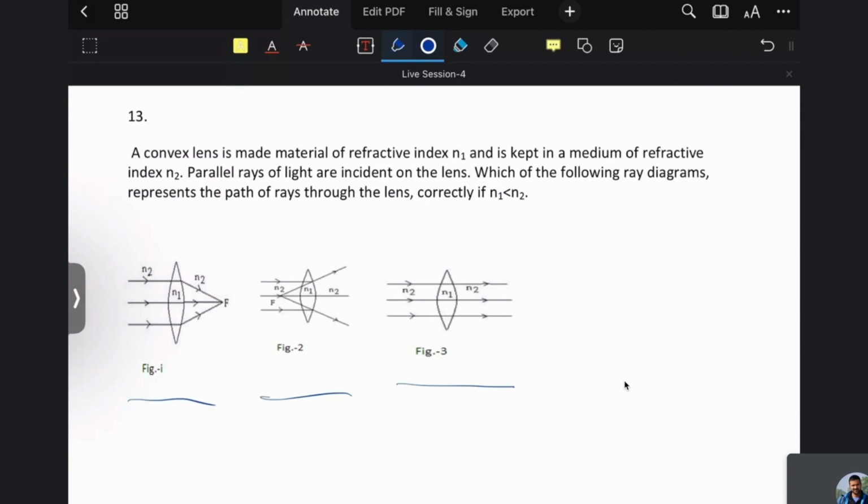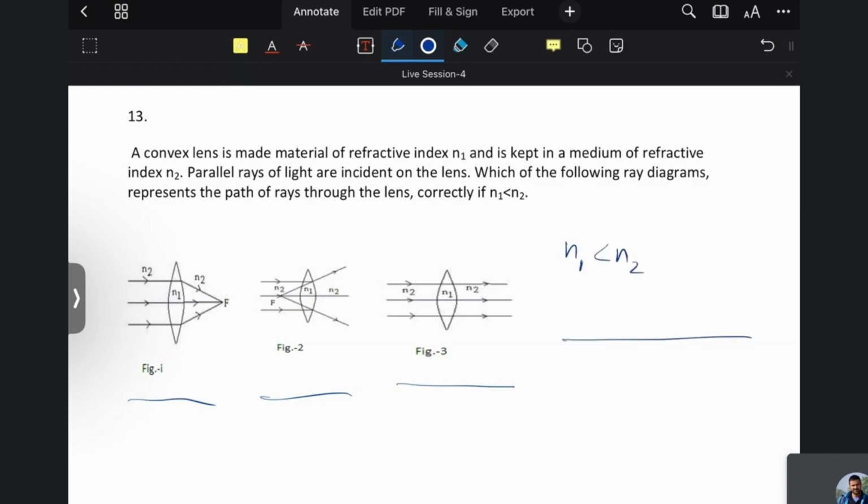So first let Sandeep try. So Sandeep, can you tell me? Just think about it. So here the condition is n1 is less than n2.